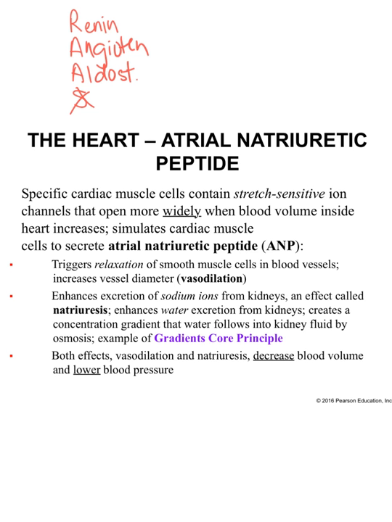So ANP is going to be released when the atria are getting stretched too much, which means that blood pressure is too high. So it's going to make smooth muscles relax, causing vasodilation that will help decrease blood pressure. Also, to help decrease blood pressure, we could decrease blood volume. So it's going to increase the amount of sodium ions that we're excreting. And again, water is naturally going to always follow sodium.